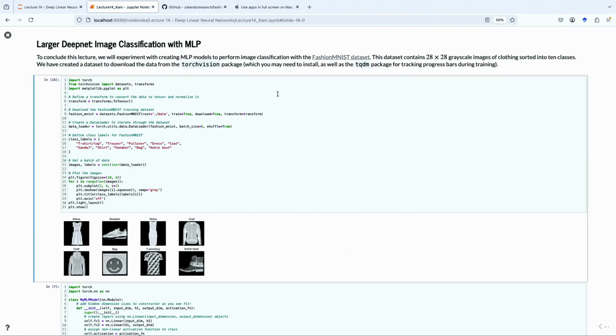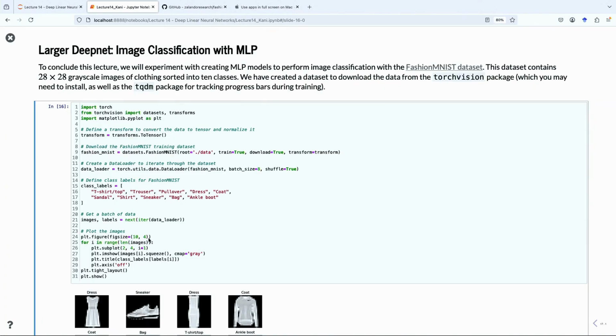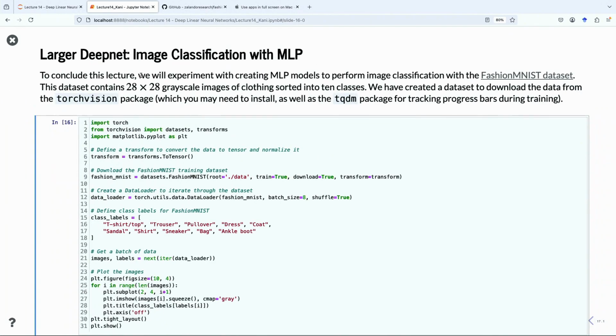Yeah, so they have a lot of such data sets. Everyone's familiar with the MNIST number data set. This is pretty much the same thing, except that these are clothing items. The images are a bit more complex. But what's nice is that this is a 28 by 28 grayscale image of clothing items, so it's a relatively simple data set.